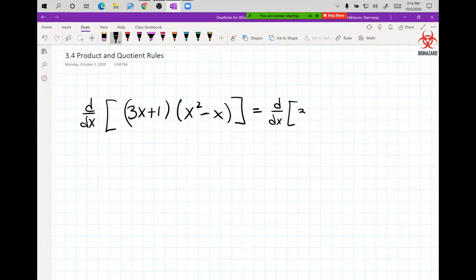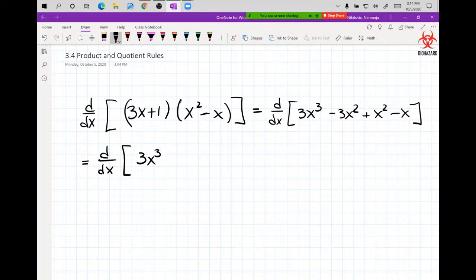So now you would have 3x cubed, right, minus 3x squared, plus x squared, and minus x. So if you FOIL, you will get this, which is a basic polynomial, and you can take the derivative of that. Now you can still simplify this, so let's go and do that, and get negative 2x squared minus x.